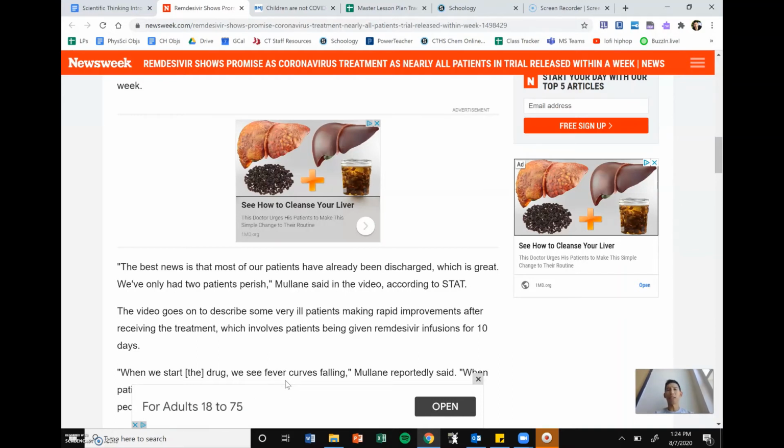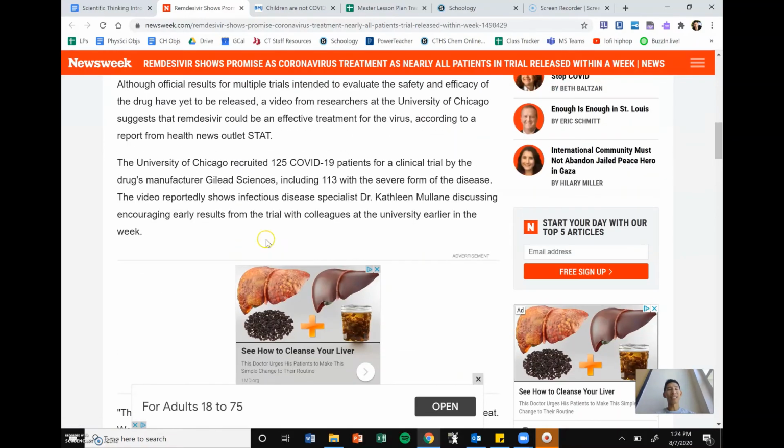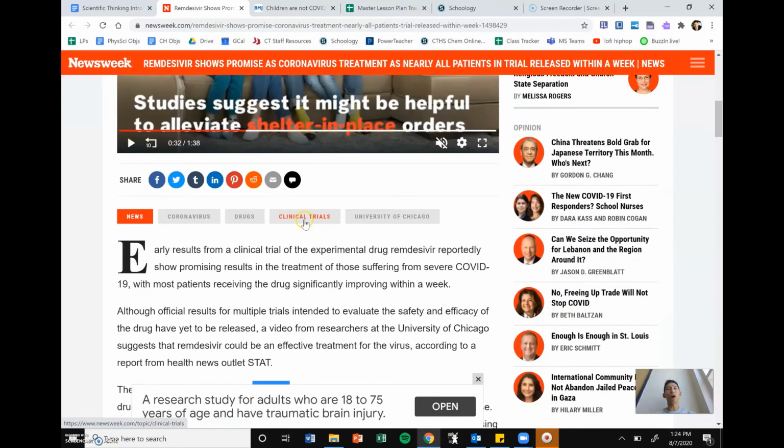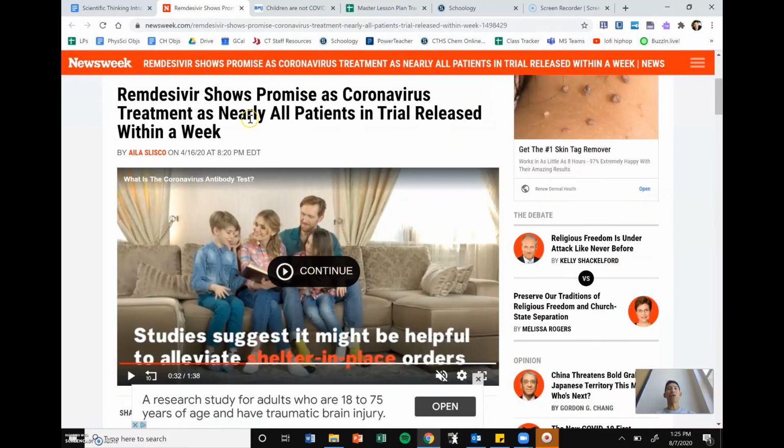Oftentimes, this is not possible with medical treatments because we're talking about human lives and you want to do the best to save them and help them no matter what. So, like I said earlier, many studies don't follow such an independent variable type design. It's not always possible. Nonetheless, this isn't that many patients, and the conclusions that you can draw aren't that strong.